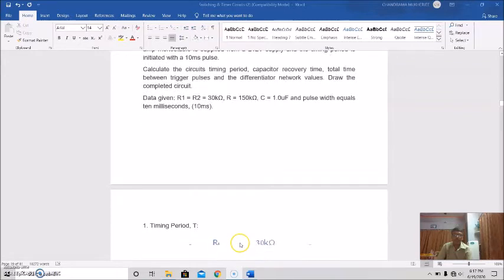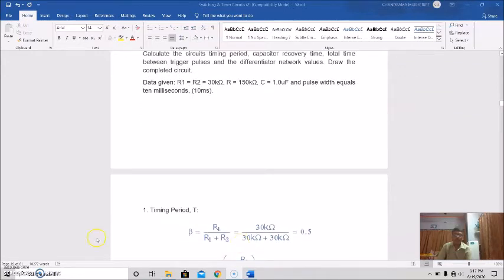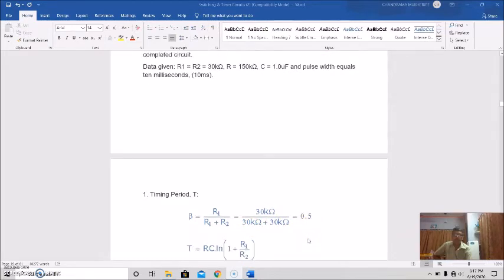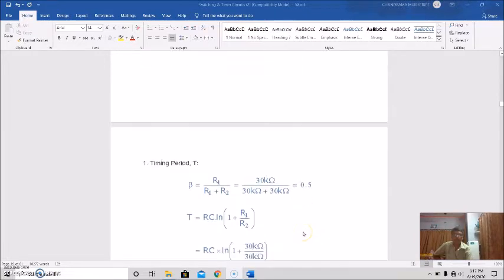Okay, so with this we first have to find the timing period. First find out the feedback fraction beta. We have seen that beta equals R1 by R1 plus R2. Putting the values of R1 and R2, you will get the feedback fraction as 0.5, so 50% of the output is being fed back.